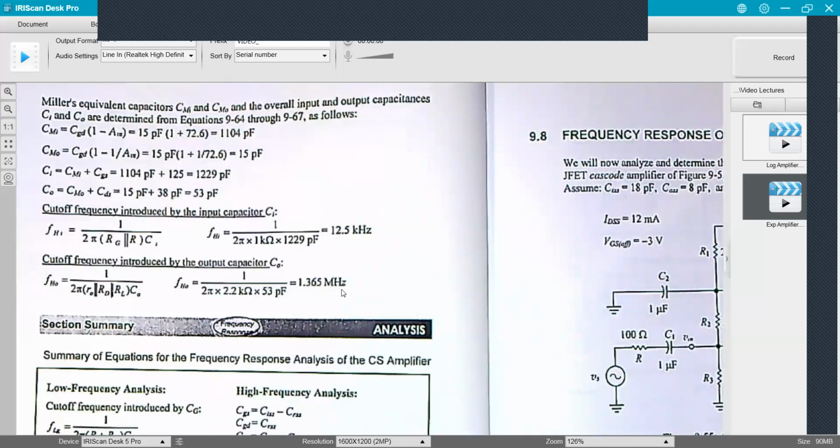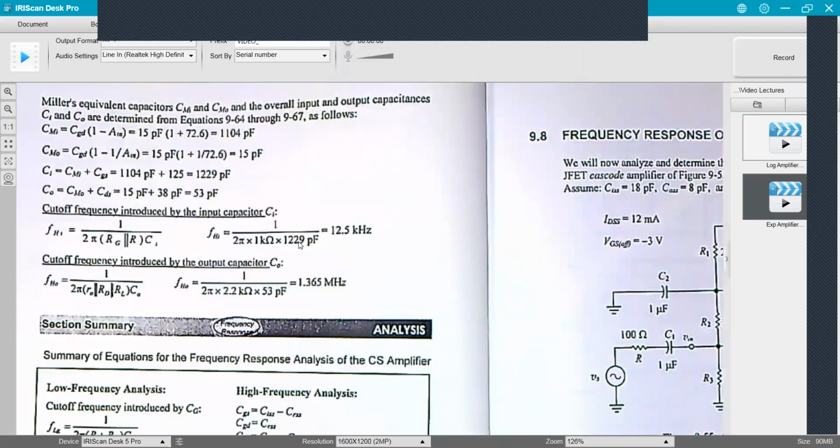So what can I say about this amplifier? Well, its dominant high frequency pole is at 12.5 kilohertz. Not a whole lot of bandwidth. And part of it is this capacitance here is so large. But also, RG in parallel with R is about 1K, so RG didn't really have a problem here.